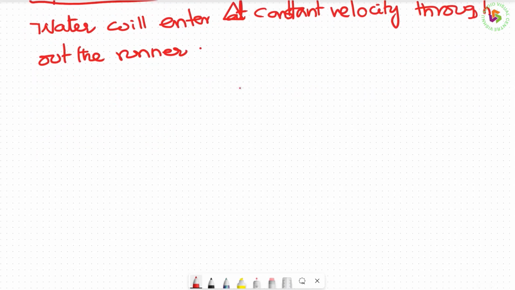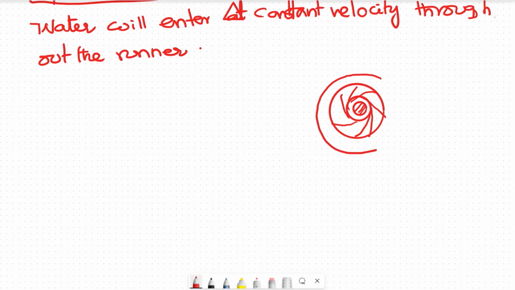For example, if you take it, this is what I mentioned. Always while drawing, please remember this is the shaft. Over the shaft, what will be there for us? Runner. Once runner is there, these are the runner blades. Right? Over the runner, what will be there?